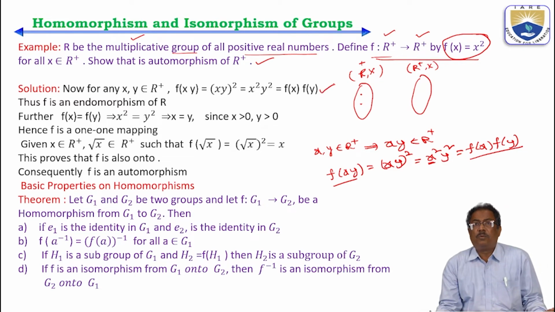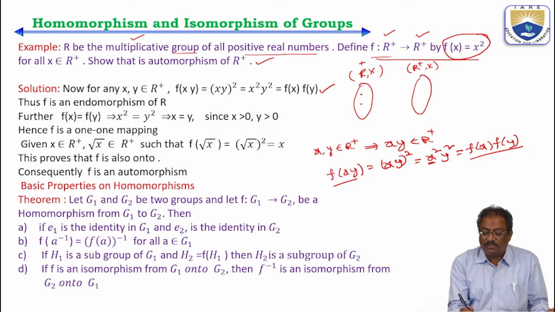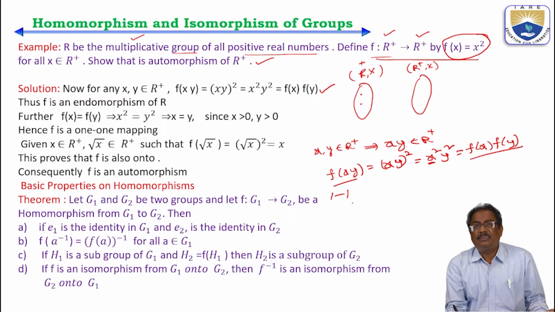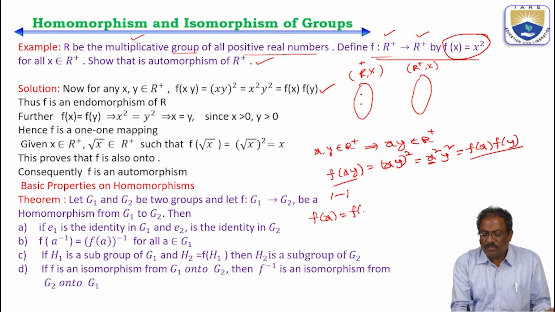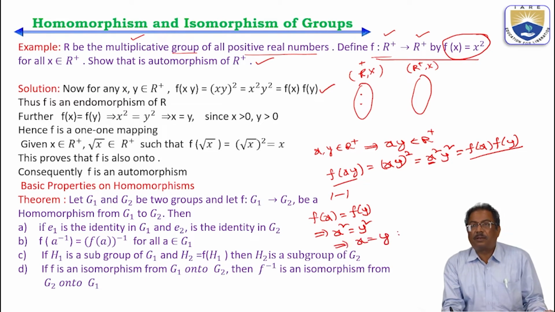Now the next one is, we have to prove that it is 1-to-1. For that, we take the images to be the same. f of x equals f of y, which implies x square equals y square. Then plus or minus x equals plus or minus y.